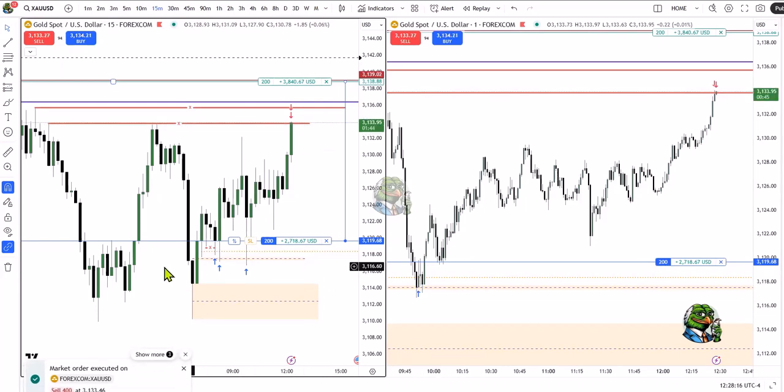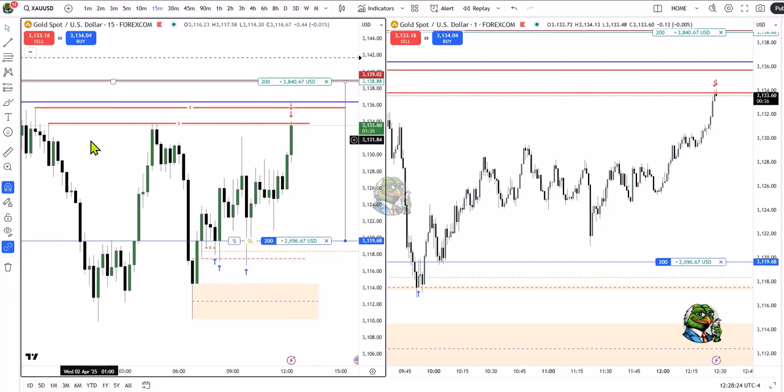Okay, so you can see that I have closed the majority of my position at these equal highs, and now I will leave the remainder for the higher TP. And you can see I've already spoken about the entries.